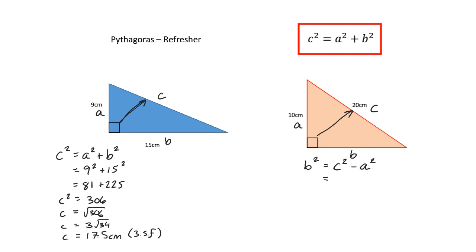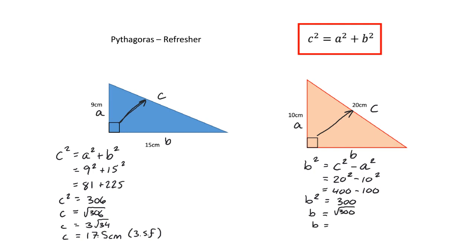And again, I'm just substituting everything in until I get my answer. So b squared is equal to 300. I want to know what b is, so I need the square root of 300.